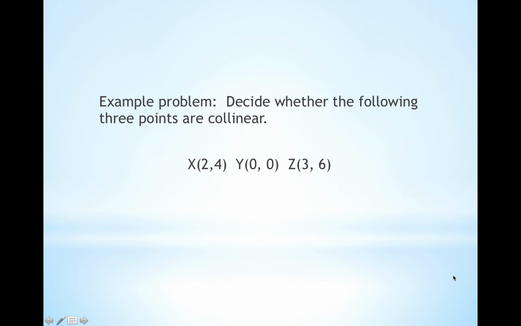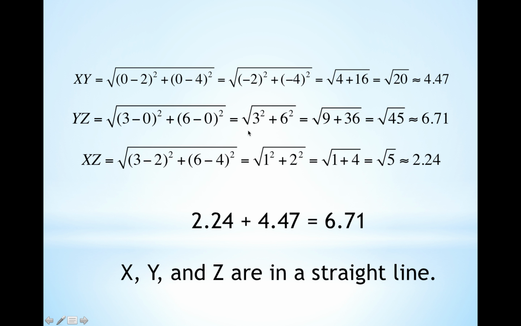Alright, so let's take a look at the answer. So, if I do my work for the measurement of XY, I do the distance formula, subtract the x coordinates, square them, subtract the y coordinates, square them, add them together, and square root. I get approximately 4.47. Had to round it off because it's an irrational number. If I do the measurement of YZ, I get 6.71, and if I do the measurement of XZ, I get 2.24.